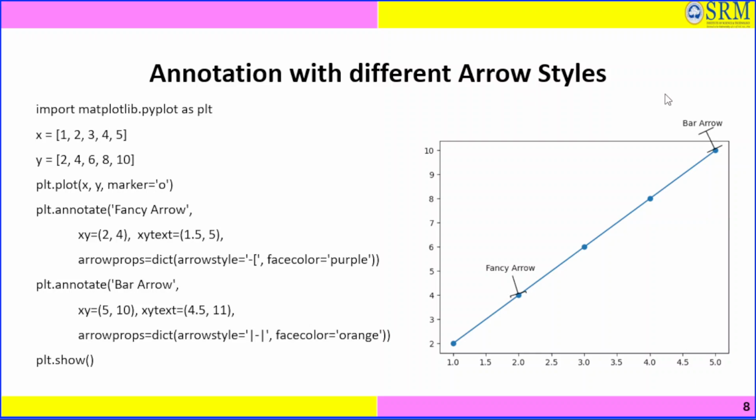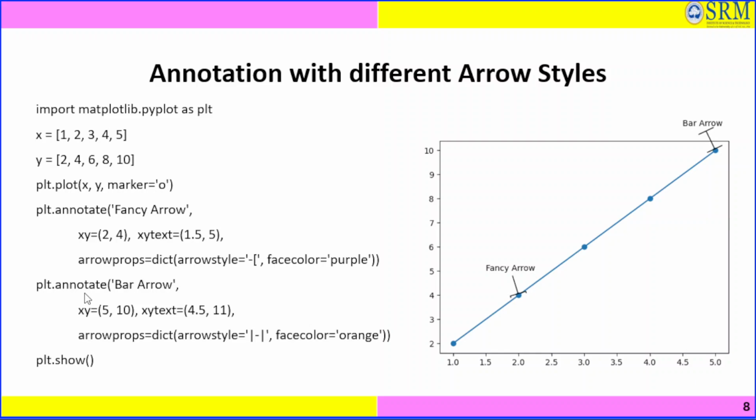Annotation with different arrow styles. So we have created x, y, created the plot with marker equal to 'o', and the annotation named 'Fancy Arrow' has arrowprops with arrowstyle equal to this style, and color is purple.